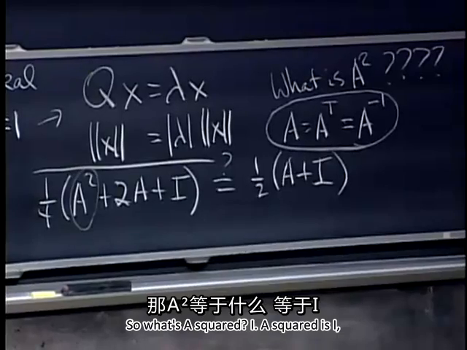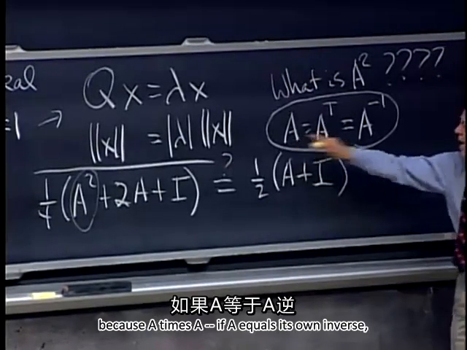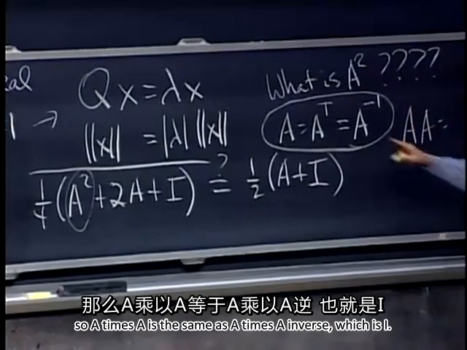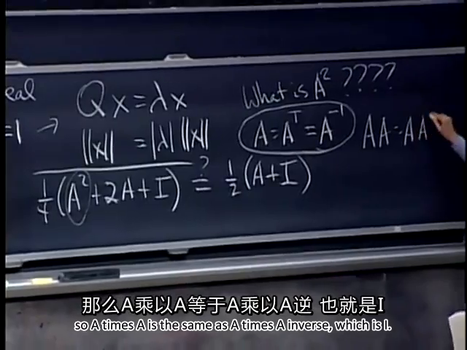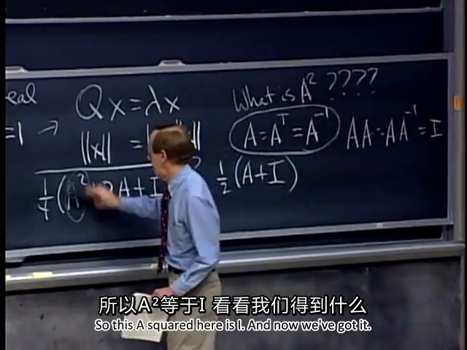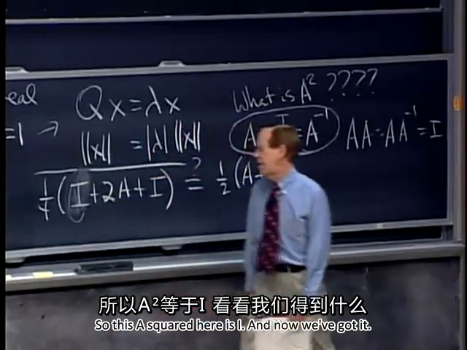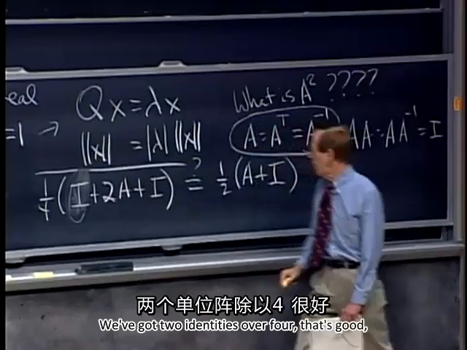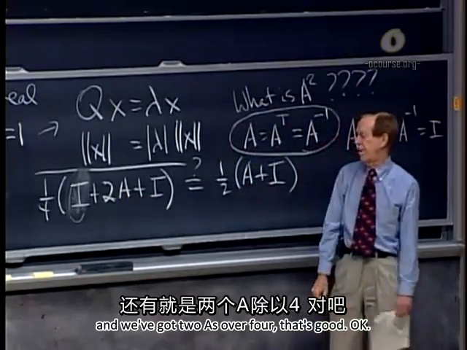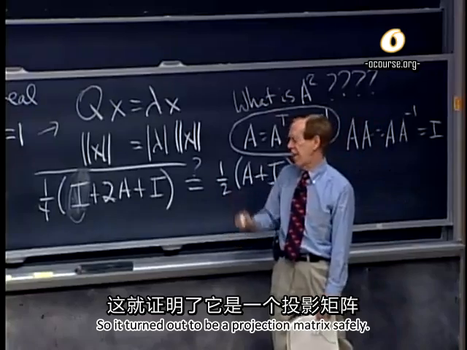I. A squared is I, because A equals its own inverse. So A times A is the same as A times A inverse, which is I. So this A squared here is I. And now we've got it. We've got 2 identities over 4. That's good. And we've got 2 A's over 4. That's good. OK. So it turned out to be a projection matrix safely.